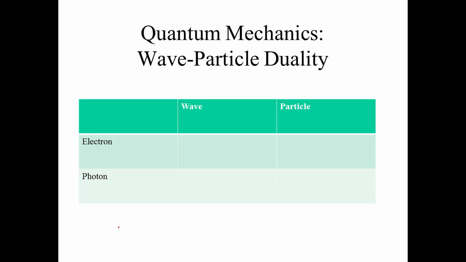While this was a big breakthrough in understanding atoms and explaining the spectra, this picture of the atom quickly became obsolete with the continuing development of the quantum mechanical theory, in particular wave-particle duality.